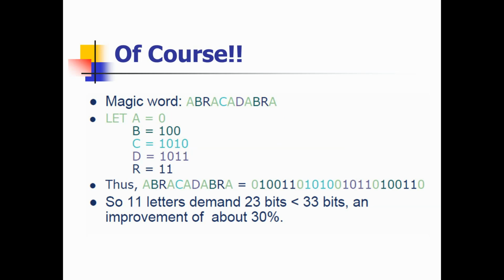So how does this magic happen? First of all, you need to understand why we can save even more. One thing that happened here is that A requires only 1 bit, which is the most frequent item appearing in the magic word, while C and D use 4 bits, even 1 bit more than the previous encoding scheme.